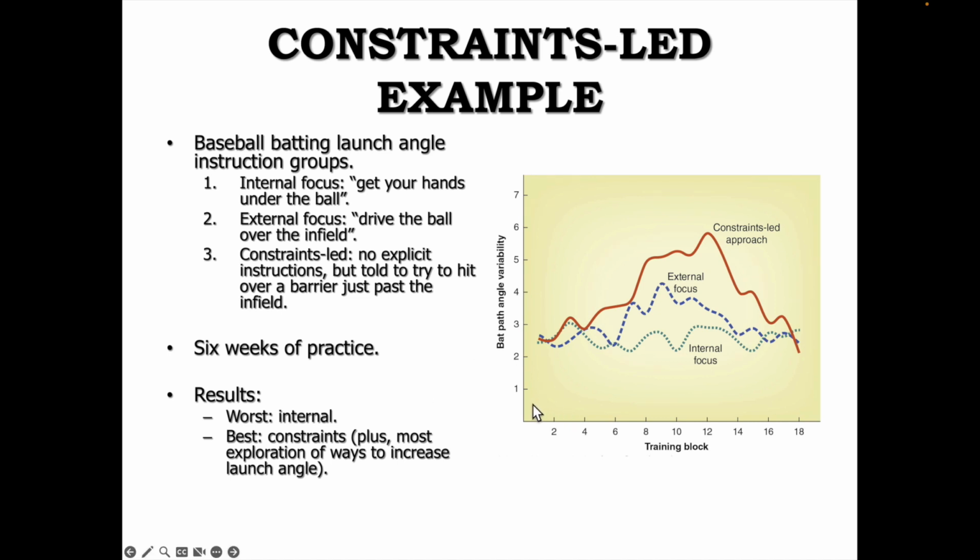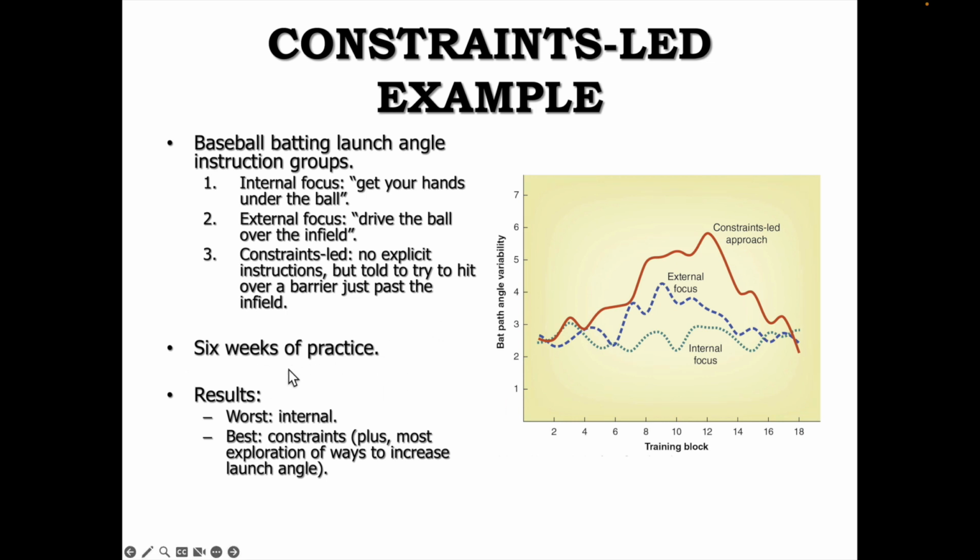If this was at 1, that means their bat angle would average between 60 and 61 degrees. If it was at 7 degrees, maybe that would mean they're swinging that bat from 60 to 67 degrees. So basically what this is saying is that the less the angle variability, the more consistent their swings were.